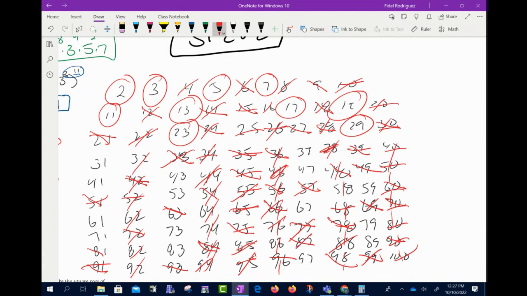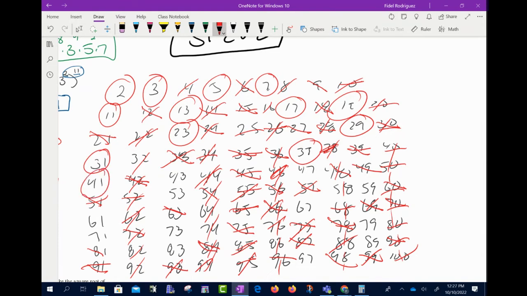Okay. The next one I have, y'all, is 31. Okay. So we'd have to get rid of 62, and we'd have to get rid of 93, which we had already gotten rid of. Okay. And then look at the next one, y'all, 37.